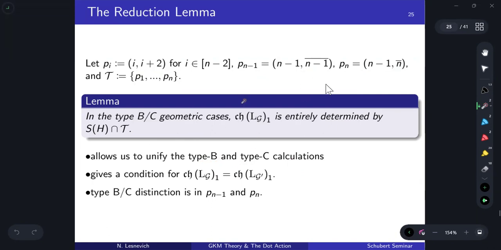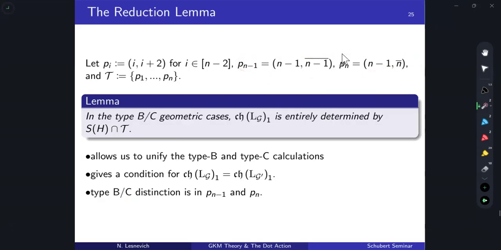It gives us a condition for equality: as long as this intersection is the same, two different sets of transpositions are going to have the exact same first graded character.